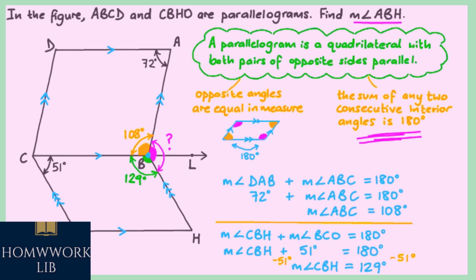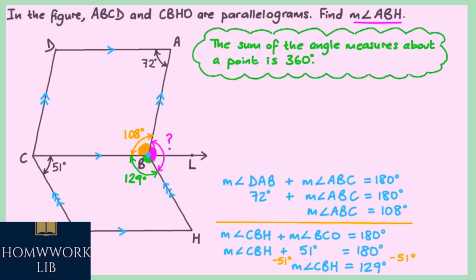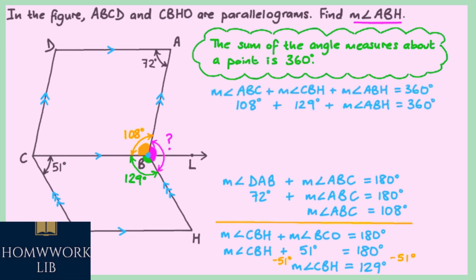Now we can consider the three angle measures about the point B. We can recall that the sum of the angle measures about a point is 360 degrees. So the sum of the angle measures of 108 degrees, 129 degrees, and the measure of angle ABH is 360 degrees.